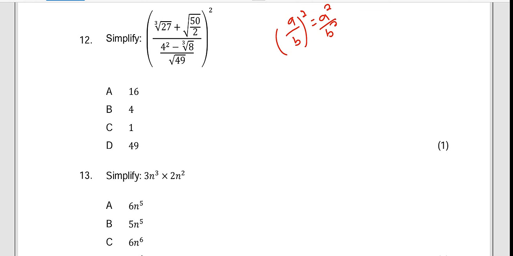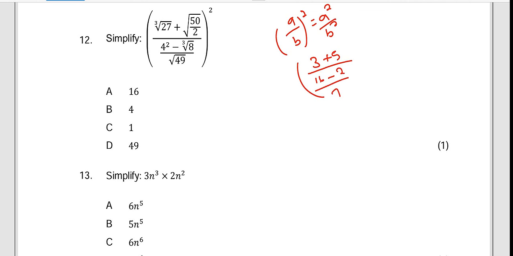Guys, let's quickly work it out. The cube root of 27 is going to give me 3. And then the square root of 50 over 2. You know that 50 over 2 is 25, and the square root of 25 is 5. Divided by 4 to the exponent of 2 is 16. Minus the cube root of 8 is 2.